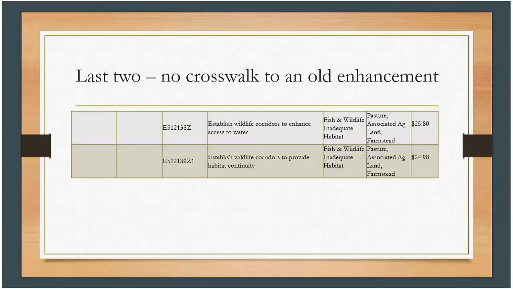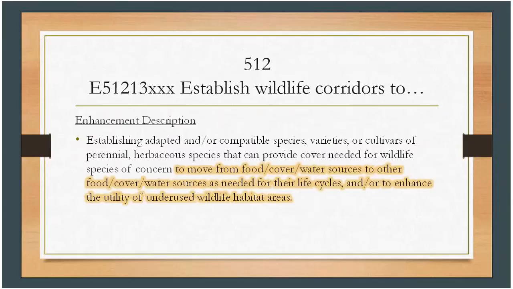Okay. So these are dealing with wildlife corridors to either access water or for habitat continuity. And these can be applied on pasture lands, associated ag, or farmsteads, with a payment rate of roughly around 25 for each of them.